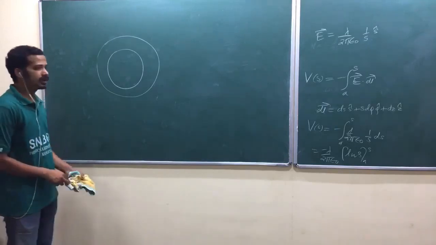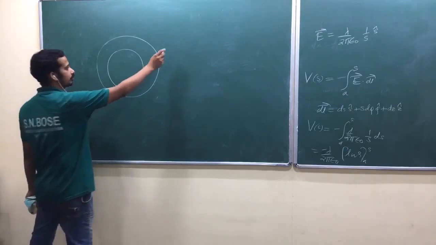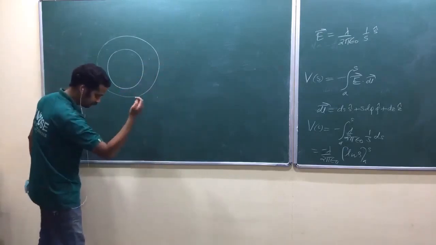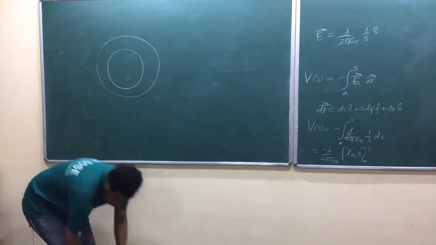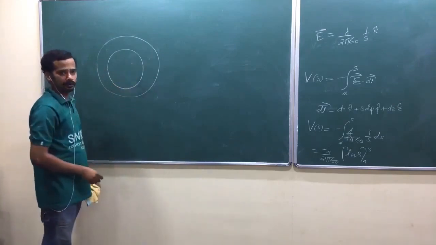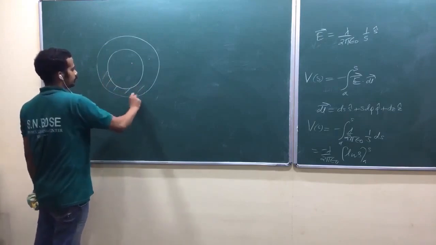Now again, I hope you can do this one. Am I right? The only thing is you have to find the electric field outside, the electric field in between, and the electric field inside. Here the electric field is 0. Am I right? Only a thick charge distribution.